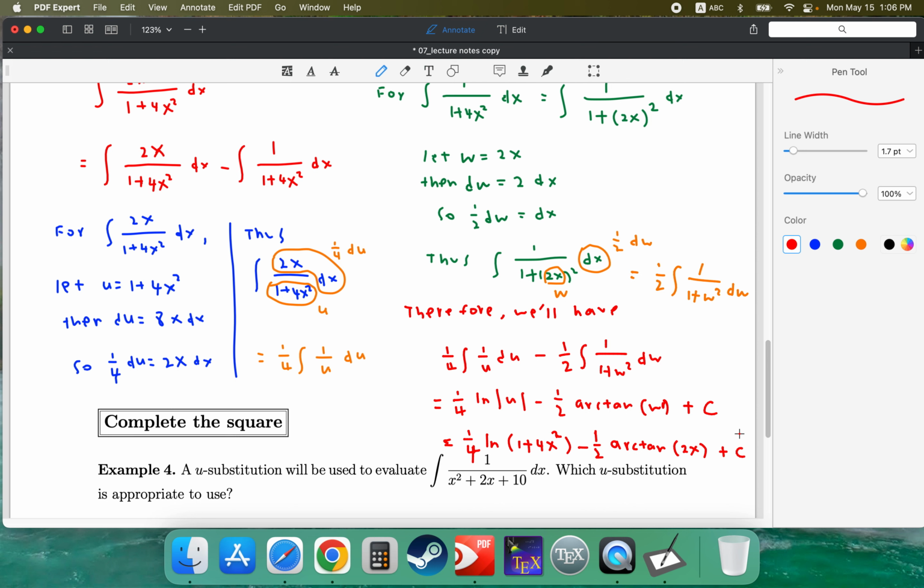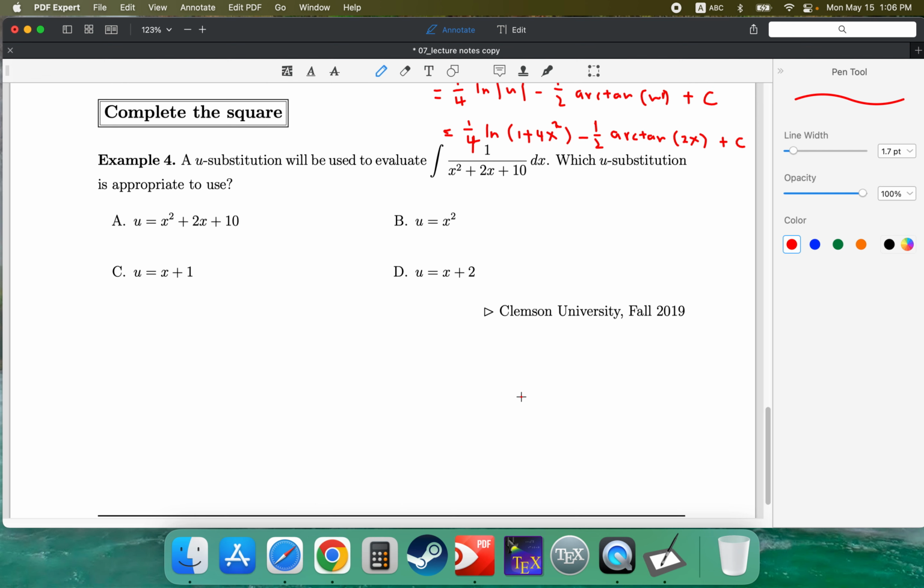Let's take a look at example 4. A u substitution will be used to evaluate the integral of 1 over x squared plus 2x plus 10. Which u substitution is appropriate to use?